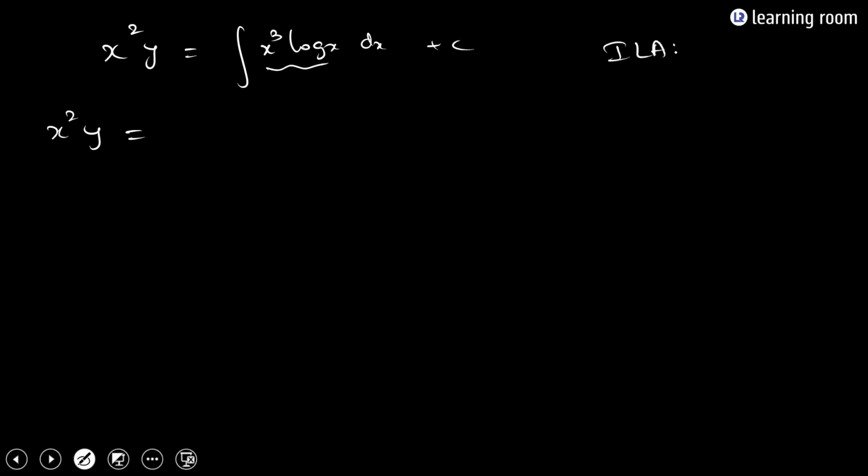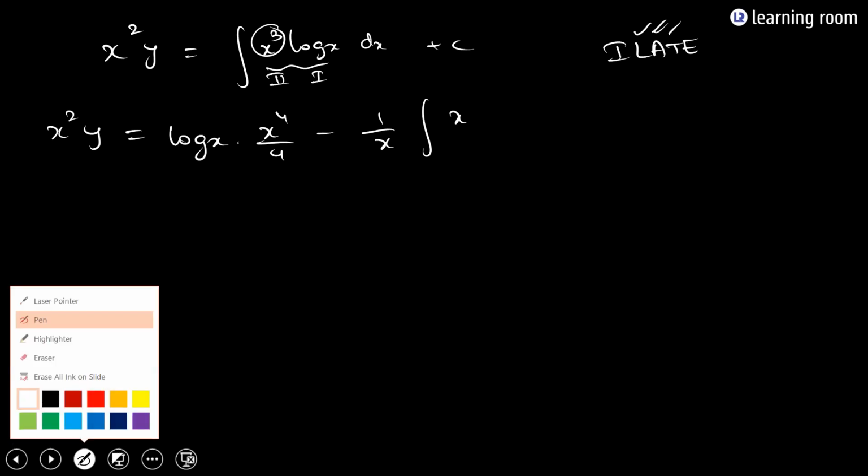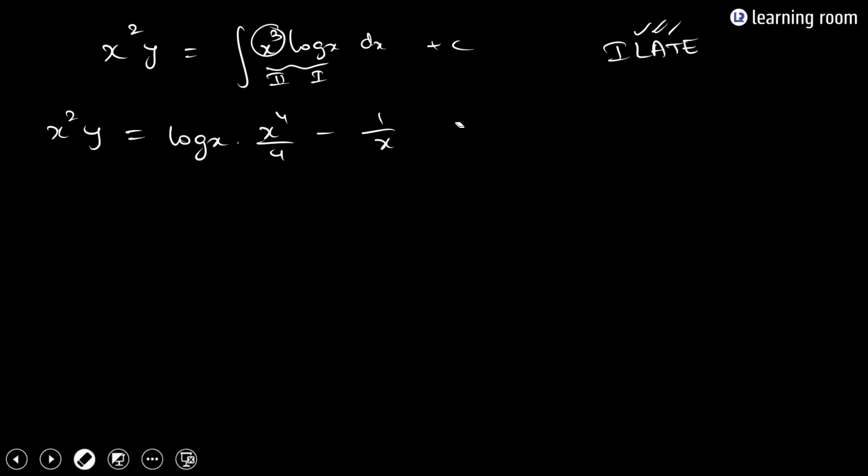When you apply integration by parts, highlight: logarithmic and algebraic. So this is 1, this is 2. First function into integral of second function minus integral of derivative of first function into integral of second function, plus c.